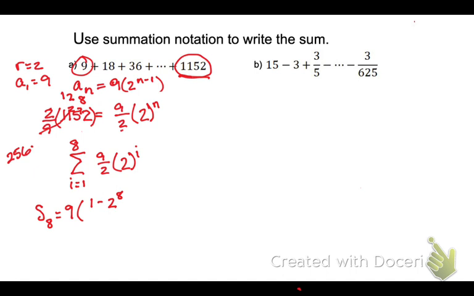Over 1 minus r, which is 1 minus 2. That's nice. The denominator is negative 1, so that makes it negative 9 times 1 minus 256, which is negative 255.